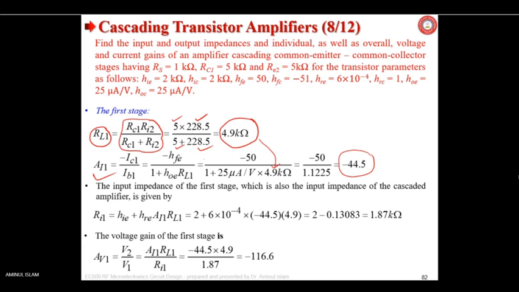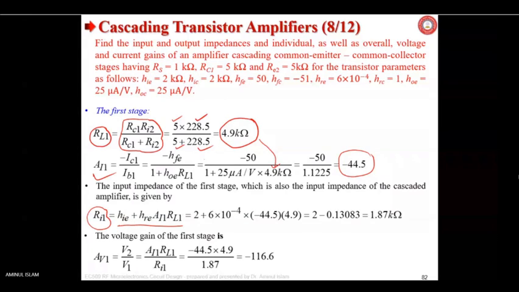Yes, sir. The input impedance of the first stage, which is also the input impedance of the cascaded amplifier, is given by RI1. RI1 is the input impedance of the first stage or the input impedance of the combination, which can be written this way. It is all derived earlier, so we are just writing it in this formula.